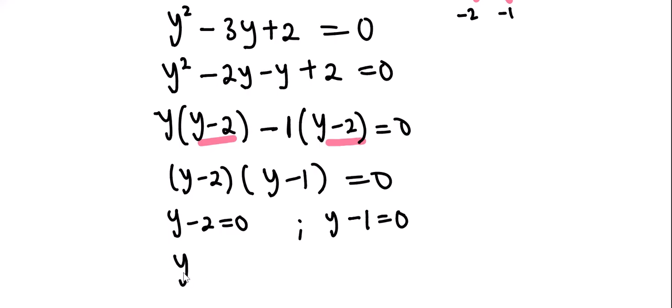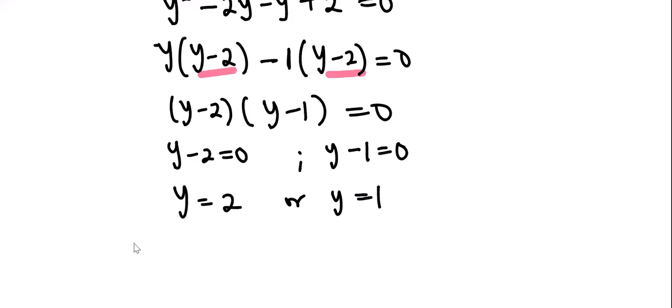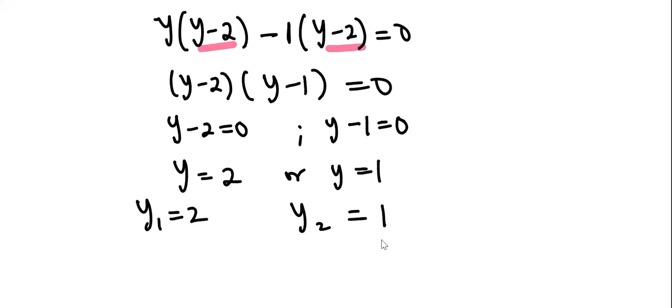So we can say that y equals 2, or y equals 1. In this case, I'm going to say my y1 is 2 and my y2 is 1. Don't forget, we've only been able to solve for y. But the question says the real non-zero solution for x.